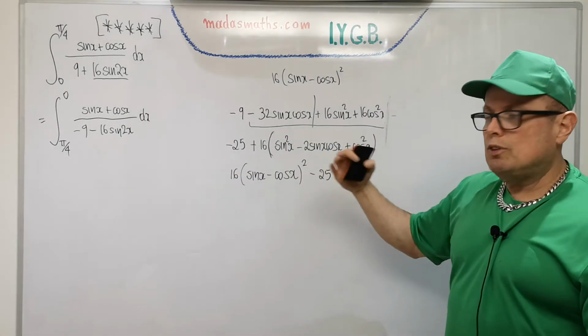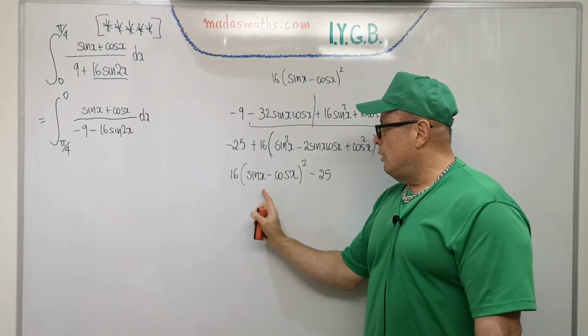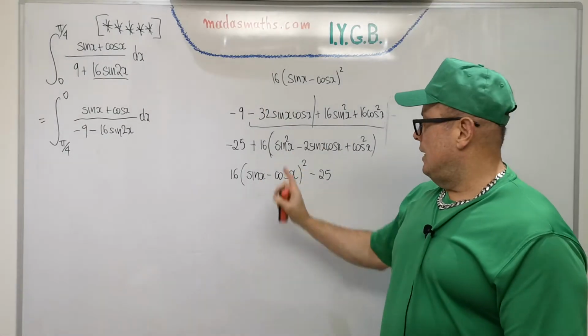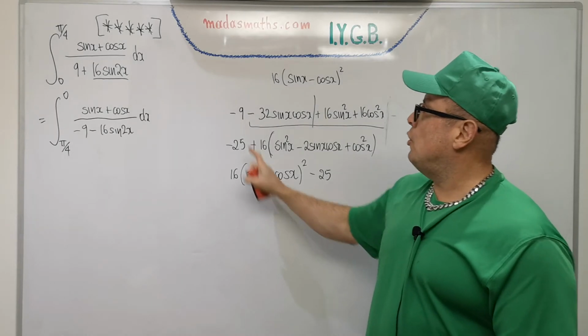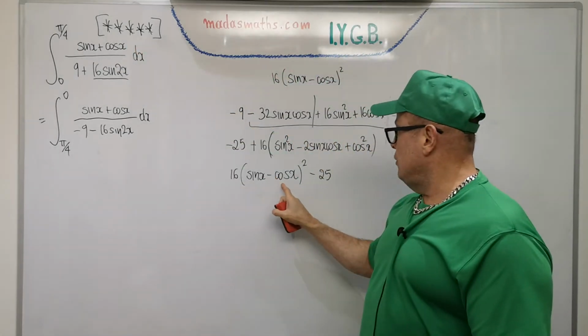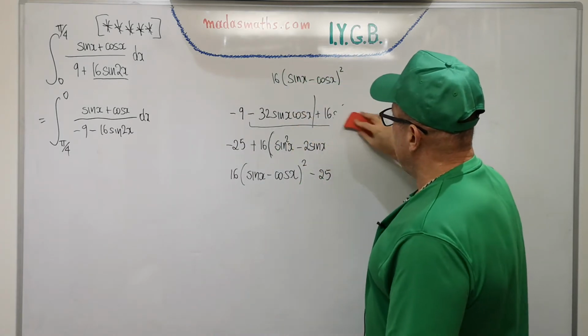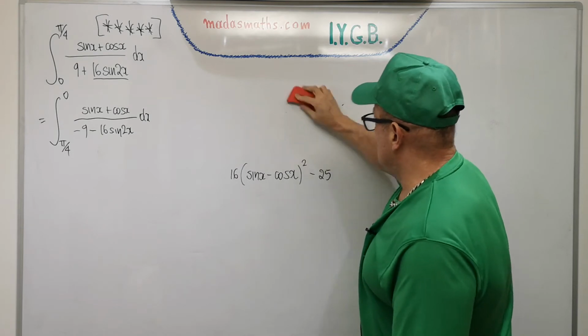And if you go back to a few minutes ago, what I'm trying to create now is something that differentiates to this numerator. Look at it, sine differentiates to plus cos, and minus cos differentiates to plus sine. So my intention, once I rewrite my denominator, is to use a substitution.